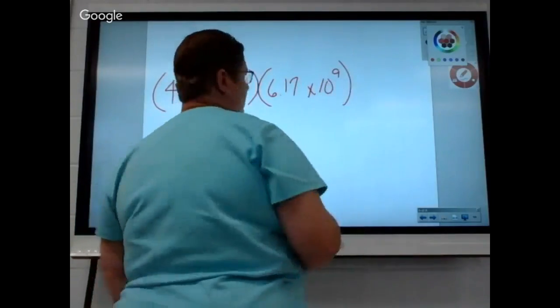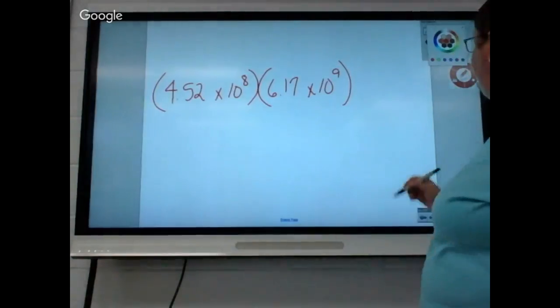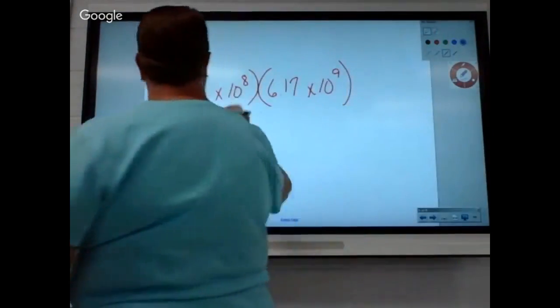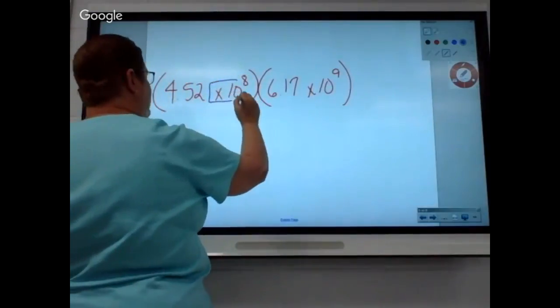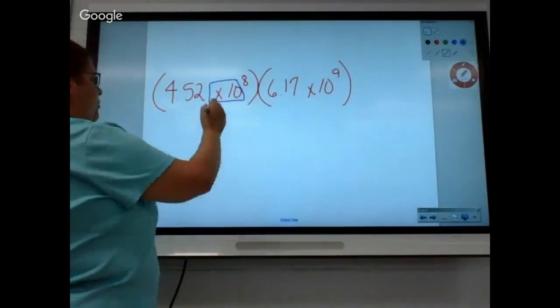All right. How do we punch this in the calculator? First of all, do we ever say times 10? The answer is no. We have a scientific calculator. The scientific calculator is going to allow this times 10 to use a special button on our calculator.